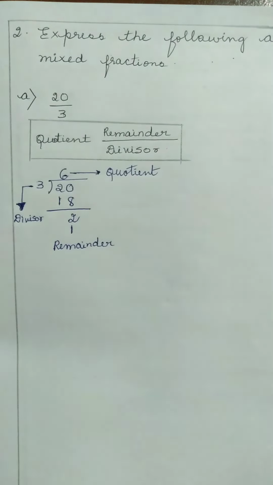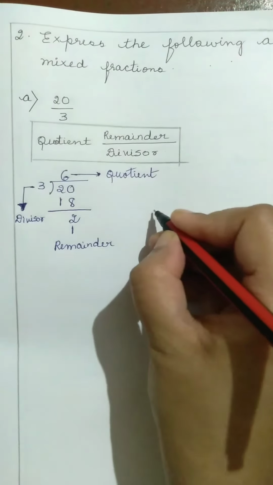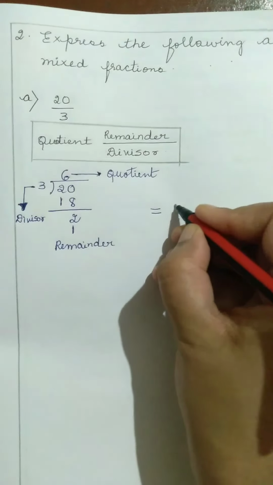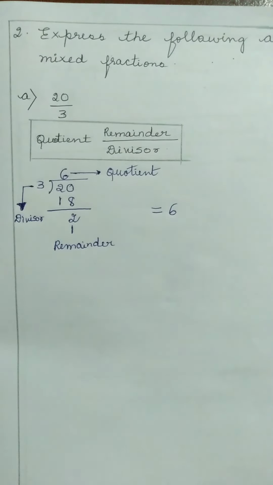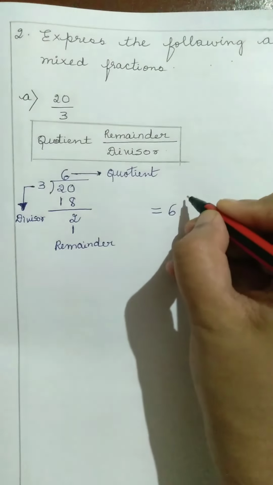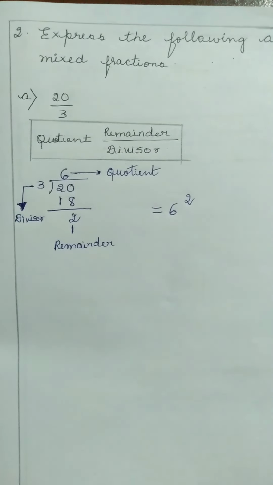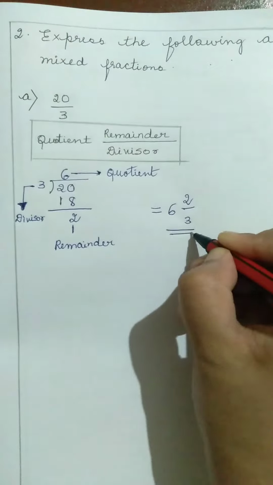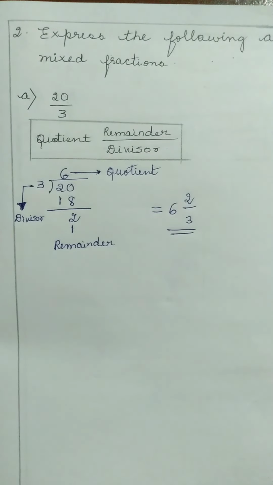Therefore, it can be written in the form of a mixed fraction, that is, quotient remainder by divisor, as quotient is 6, the remainder is 2, and the divisor is 3. Therefore, 6 2 by 3 will be the final answer of this problem.